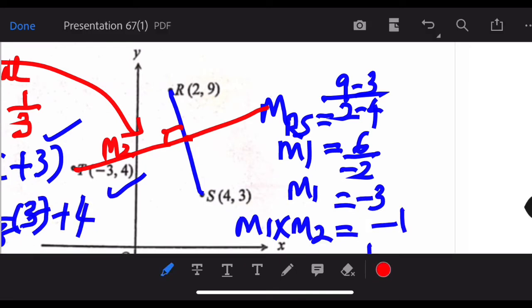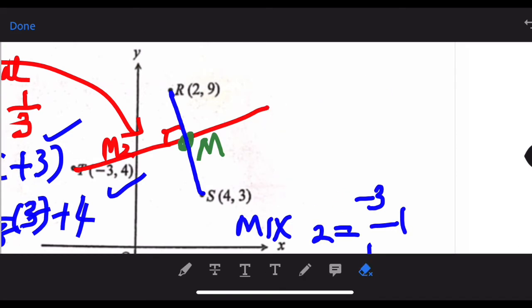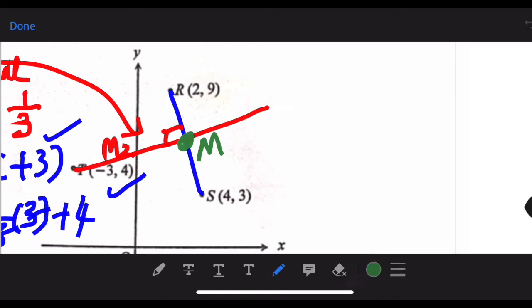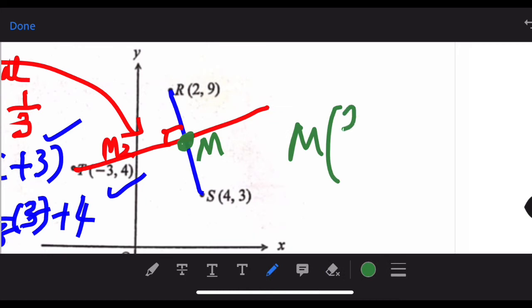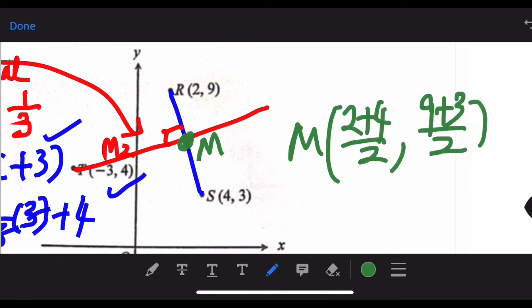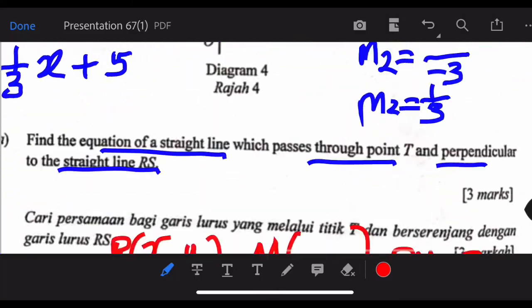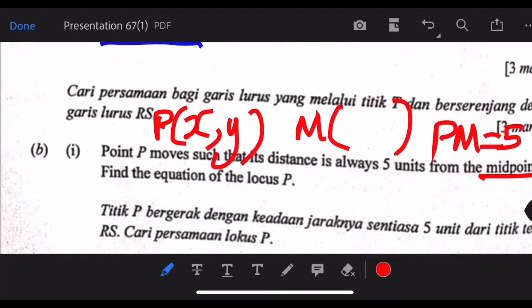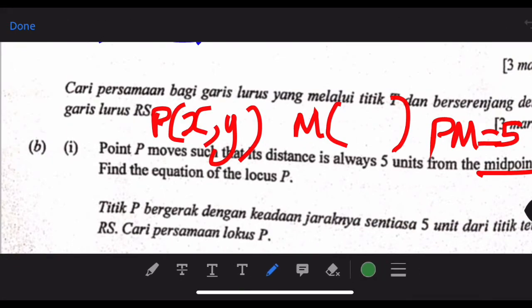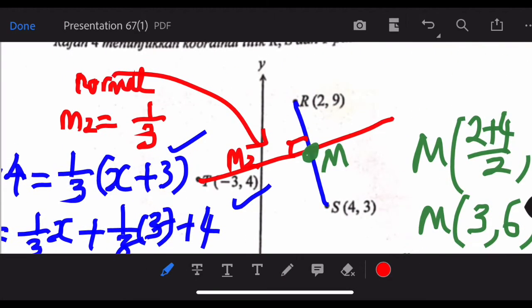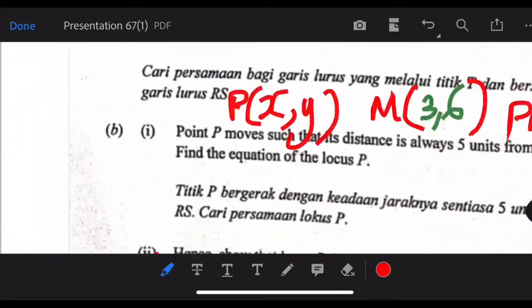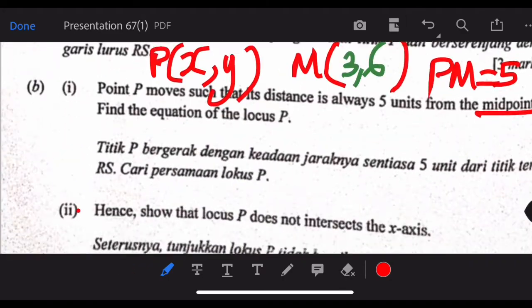So let's find out the midpoint. It will be M: (2 plus 4) divided by 2, (9 plus 3) divided by 2. So M is (3, 6), right? So now we need to find the equation of a locus that passes through (3, 6), and the distance is 5, fixed.